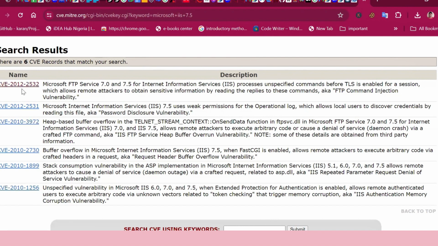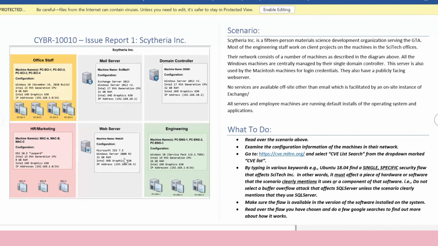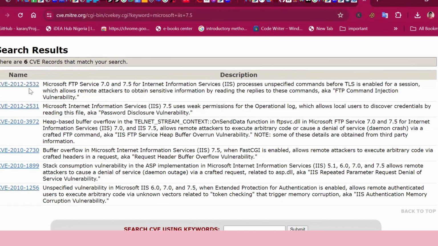But these ones are pretty old, because obviously it's Windows Server since 2008. So the vulnerability found in this one was found in 2010, 2012. This one says Microsoft FTP service 7.0 and 7.5 processes unspecified commands before TLS is enabled for a session.